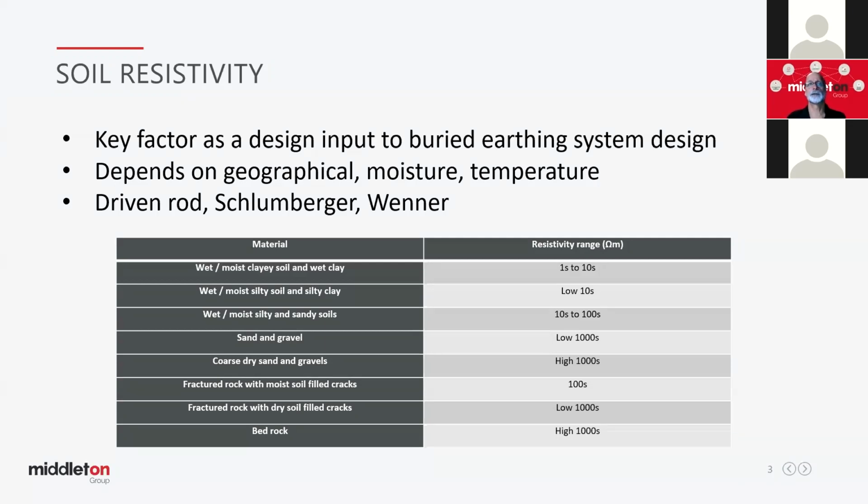Here's a table with materials on the left telling you whether it's clayey soil or silty or sandy soils, maybe gravel. Then moving further on into rock, even to bedrock. So you'll see that's generally arranged. When we're in wet clay soils at the top there, we can have resistivities around 1 to 10. I've measured personally below 1, when you're right next to the salty sea, the water table.